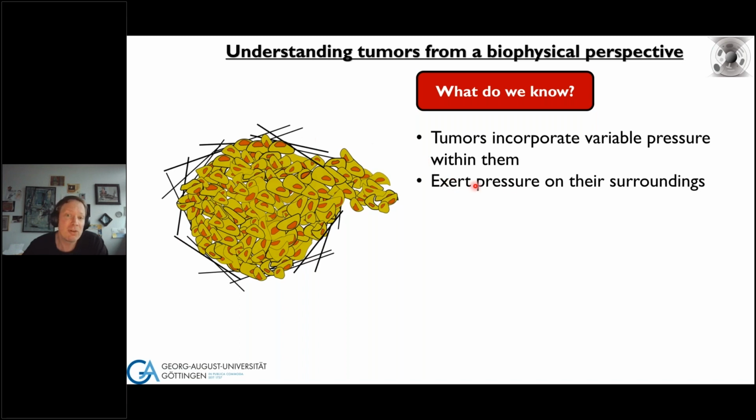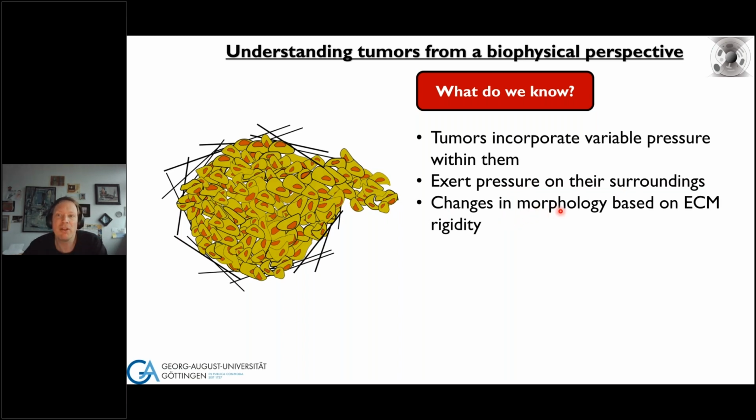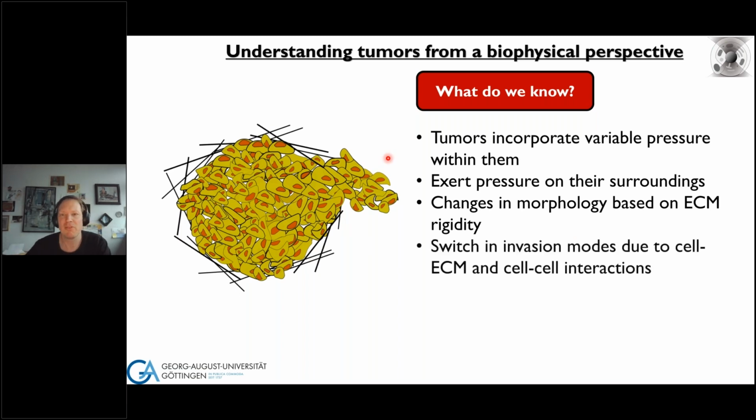They will, of course, also exert pressure on their surroundings, and we also know that changes in the morphology of such a tumor spheroid may be based on ECM rigidity. For example, it's known that the stiffness of the environment is very important for the outgrowths that we have here.